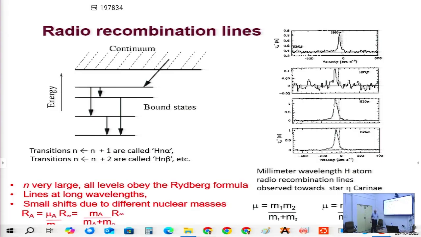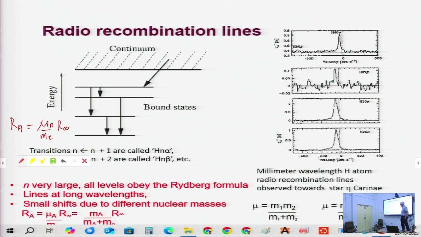This has got slightly obscured, so I'll write it up. The Rydberg constant for an atom A is the reduced mass of that atom divided by the electron mass, times R infinity, the one you look up in the book.